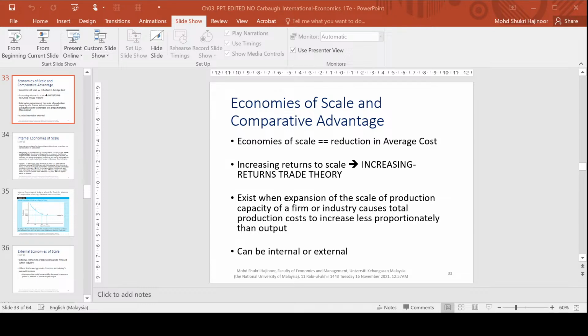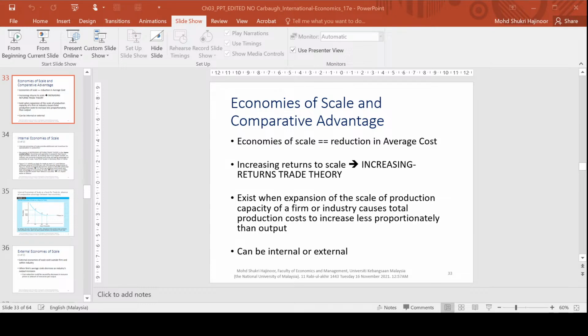Remember, Heckscher-Ohlin is about factor endowment. So we assume country A and country B both have the same type of factor endowment, so no difference in comparative advantage.